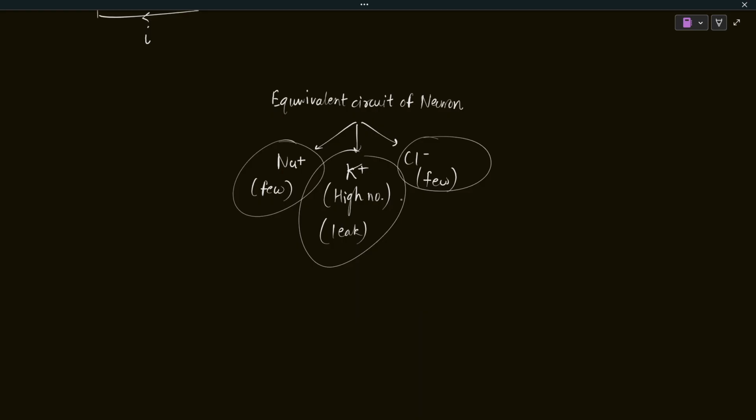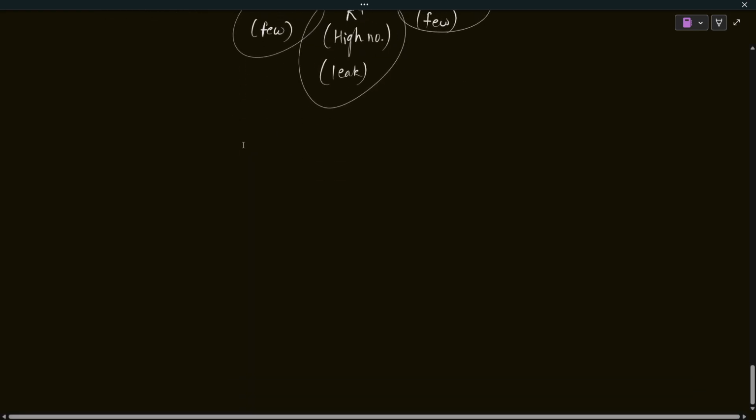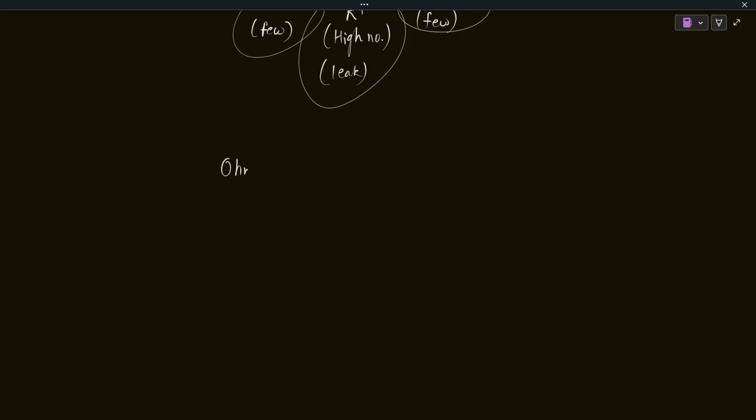Now Ohm's law tells us about the interplay between the ionic current, the conductance, and the membrane potential, meaning equilibrium potential in this case. Ohm's law states that any current is equal to the conductance times the membrane potential difference. When the action potential is generated, there are no sodium ion or chloride ion currents, because there is no movement of sodium or chloride ions, and that is why there will only be potassium ion currents.